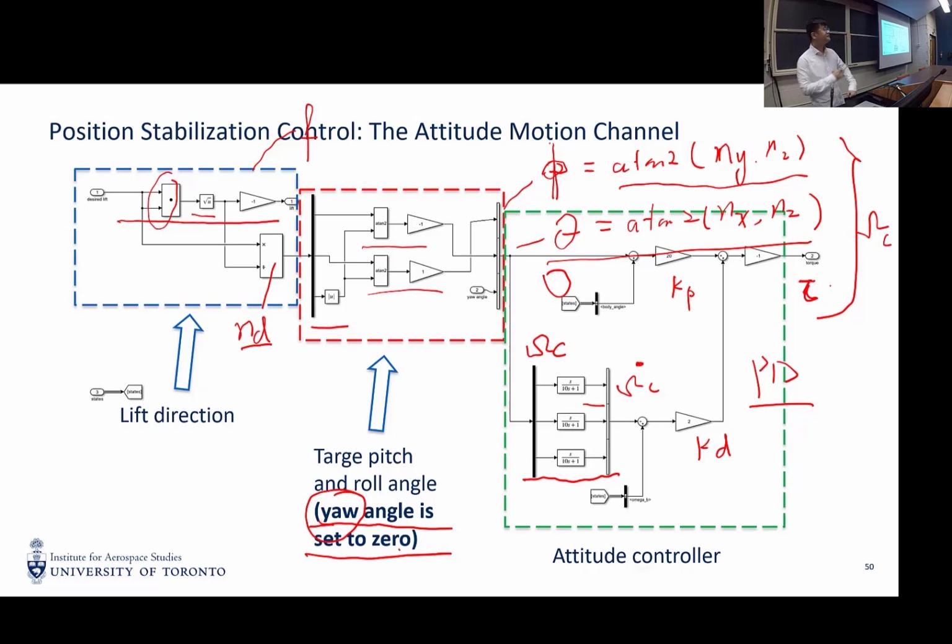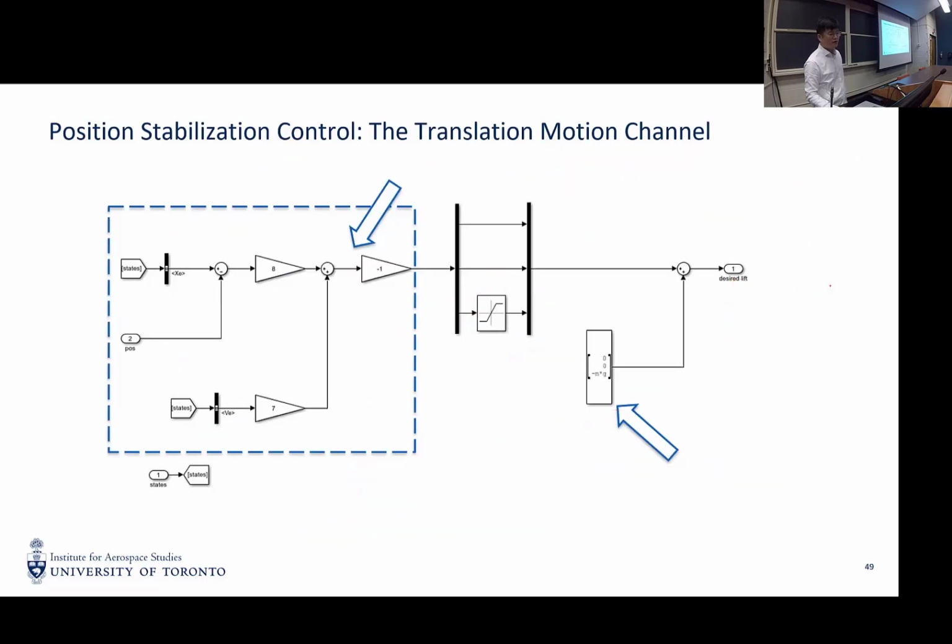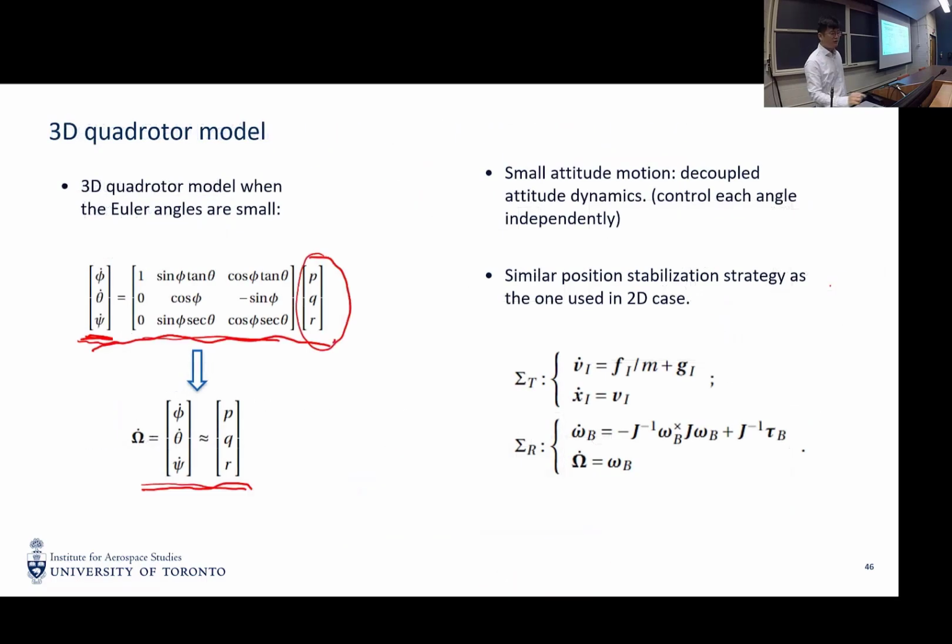Yes. Why do you make this small angle approximation? Because if we do not make the small angle approximation, you will end up dealing with this. The attitude motion is a nonlinear function of the rate. So we would need to design a much more complicated controller to take in the effect of this nonlinear relationship.